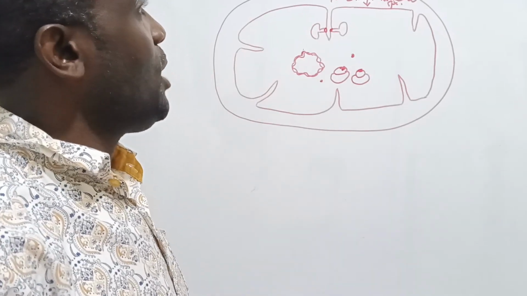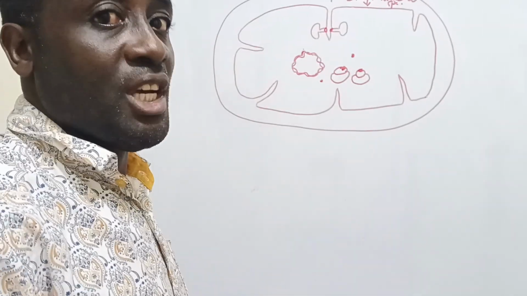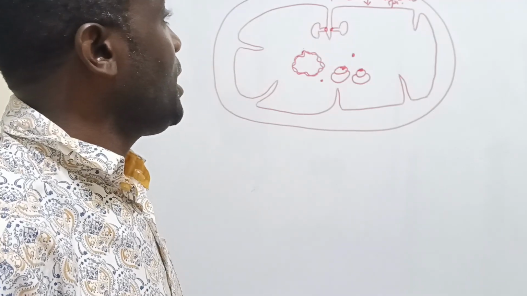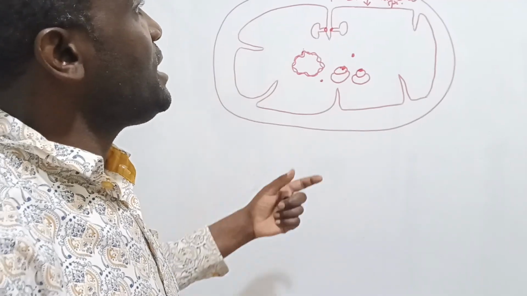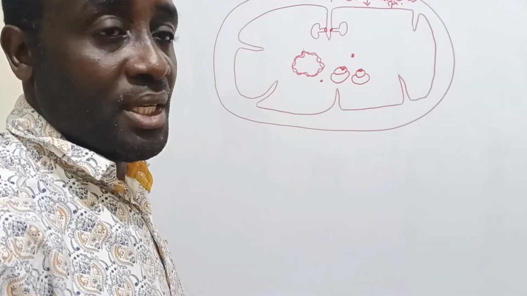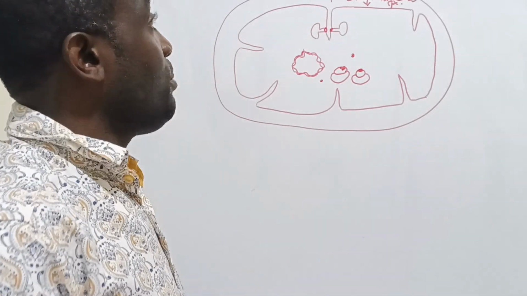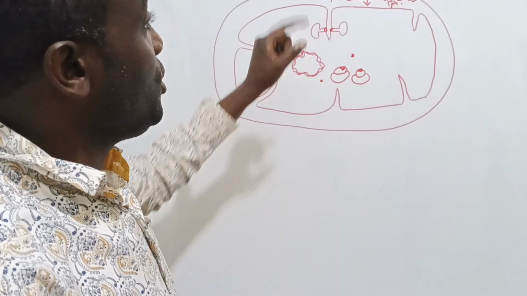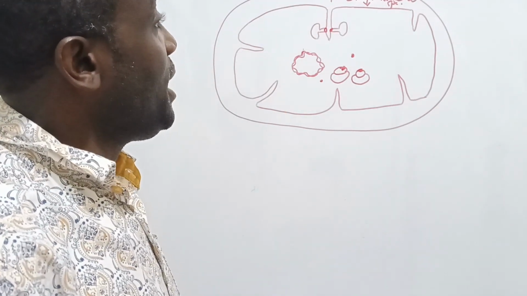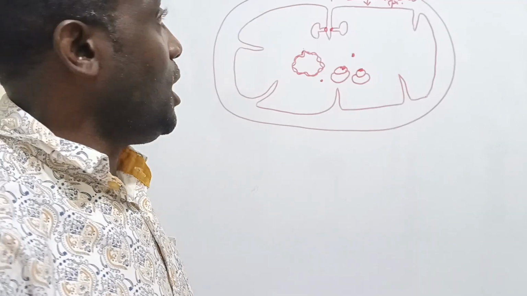Now, it sounds as if I'm discussing structure and function, which is still okay. However, don't forget that these enzymes are also part of structure. They occupy space, so they are also part of structure. These proteins located there facilitate aerobic respiration.